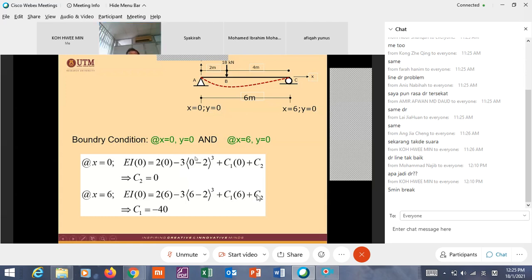I repeat, whenever the function in this bracket is negative, neglect this one. So what you have: 0 plus 0 plus C2 equal to 0. Therefore, C2 is equal to 0.